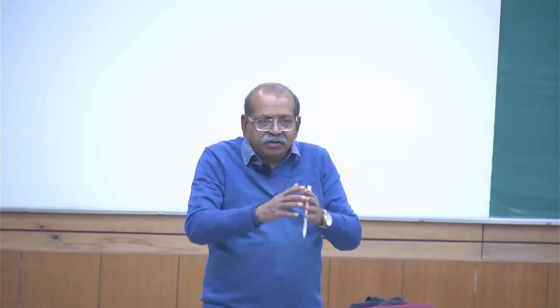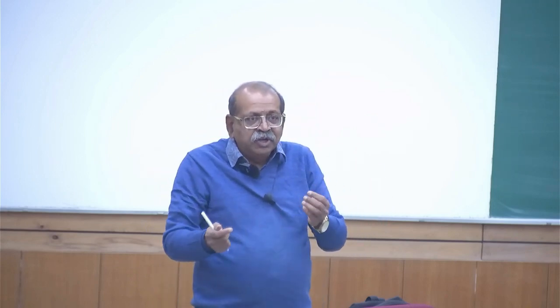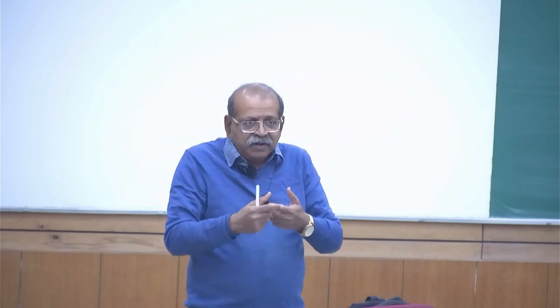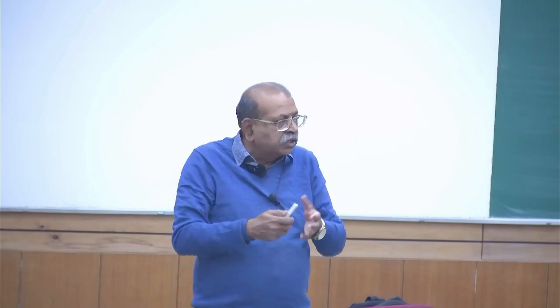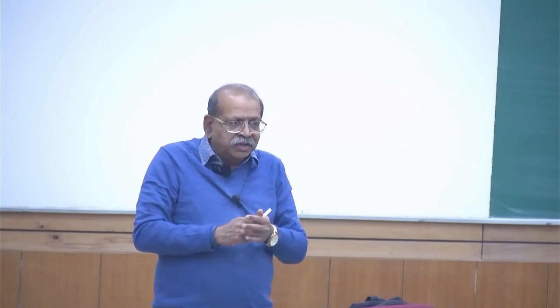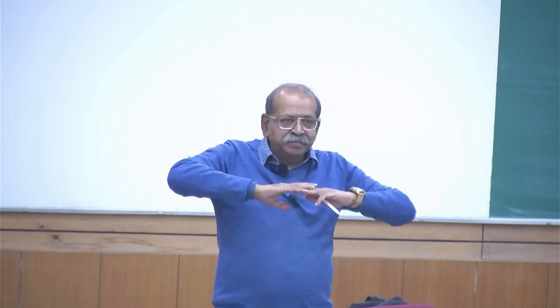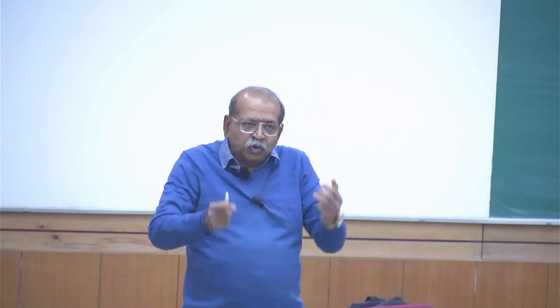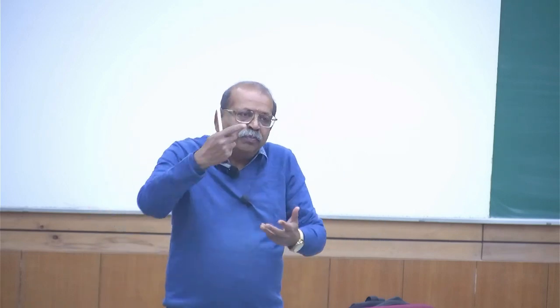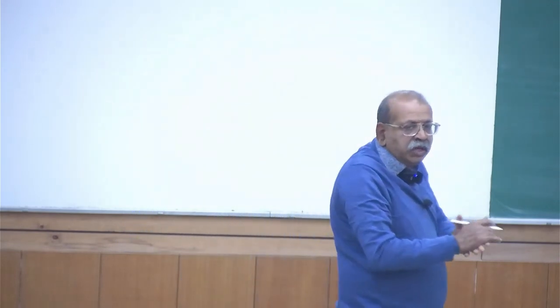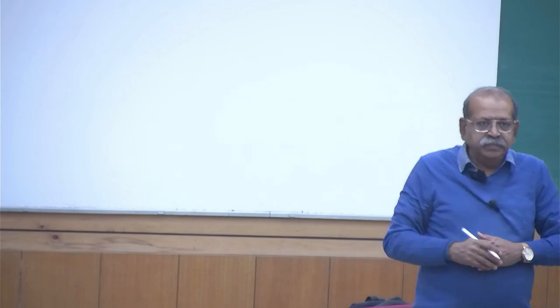In general, if we have x, y, z, there will be 6 stresses: sigma x, sigma y, sigma z, tau x y, tau x z, tau y z. So which stresses come because of pure bending? And how to find them, how to relate them to the property of the bars. That is what we will do in class on Monday.